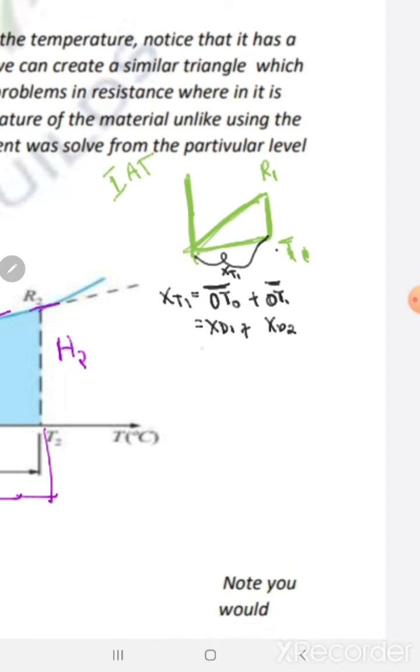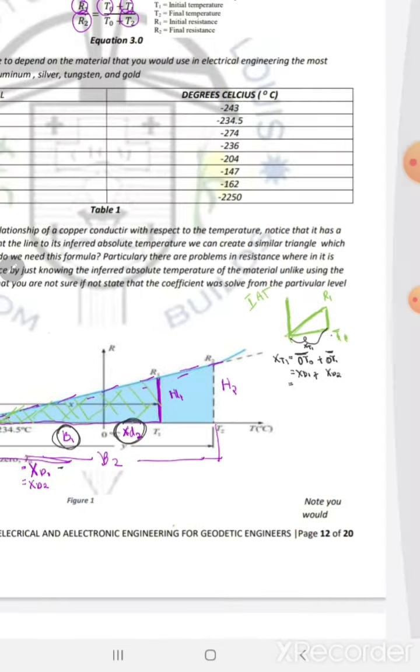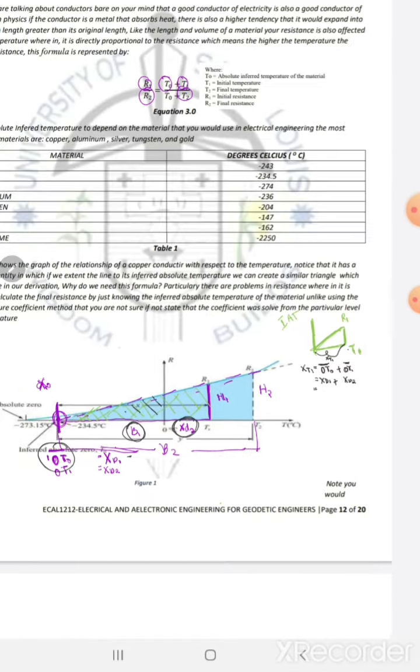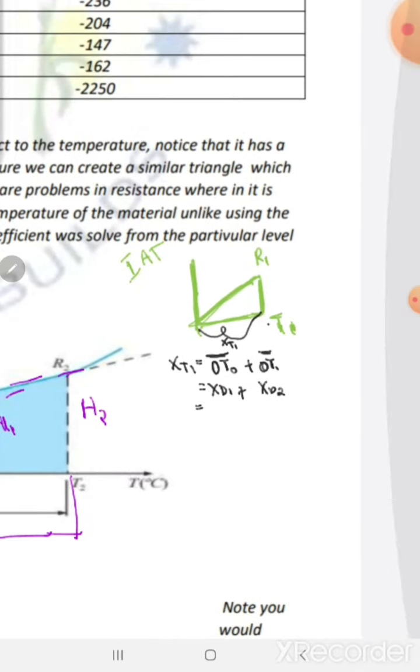But what is our XD1? Take note that our XD1, we have assumed, is your 0 to T0, or simply your T sub 0.